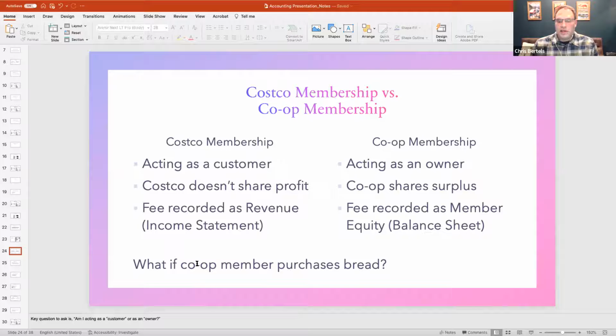So the amount you pay for the bread is going to show up on the income statement. It's actually revenue to the co-op. What I would generally say is, if you have a transaction like that where you're dealing with memberships, the question to ask is, am I acting as a customer or am I acting as an owner? In most instances, that's going to tell you how it's going to be recorded.